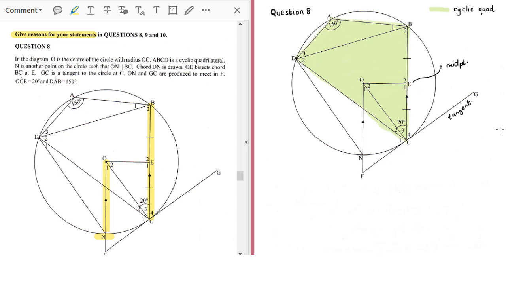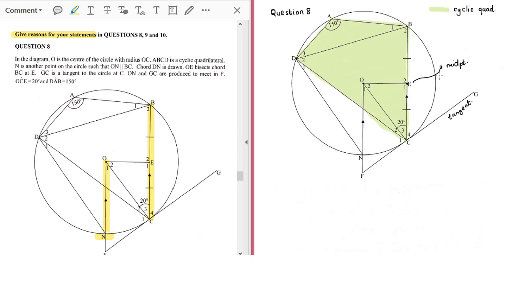Basically, you're trying to find the relationships that exist in the specific rider. So let's just make this point E a little bit darker. Let's start there. We were told that the point E is the midpoint, indirectly.